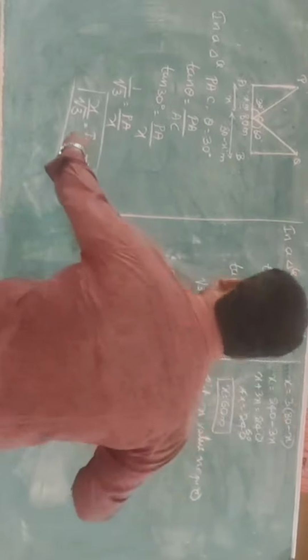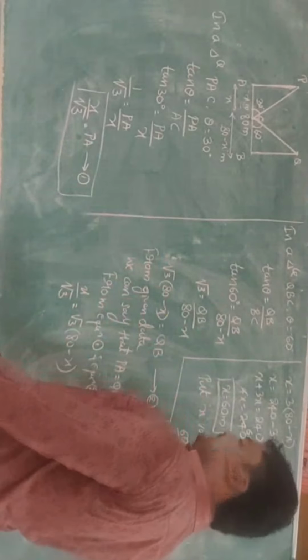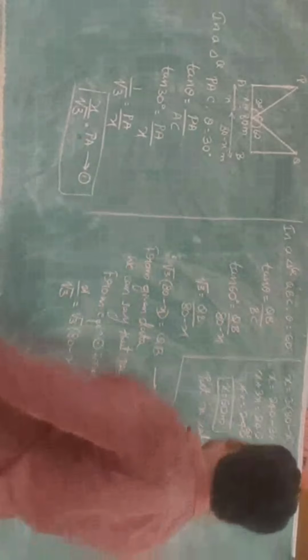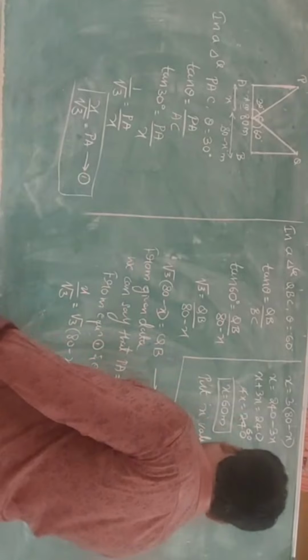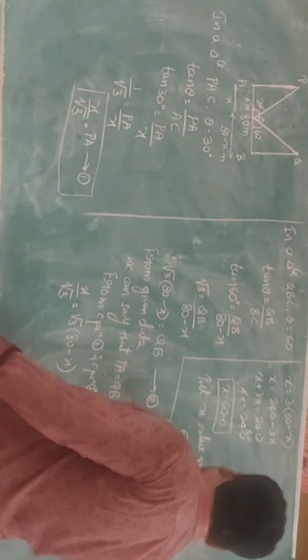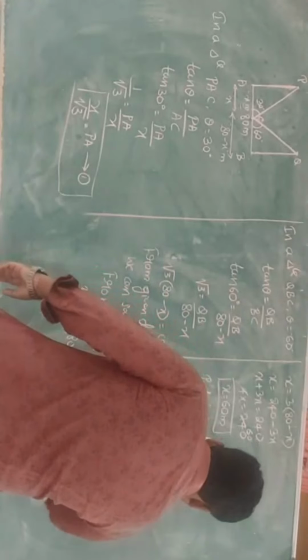So here is equation number 1. 60 upon root 3 is equal to PA. So this one we can write as 20 into 3. 20 into 3 upon root 3 is equal to PA. Root 3 gets cancelled. So PA is equal to 20 root 3 meter, the height of the left pole, PA.